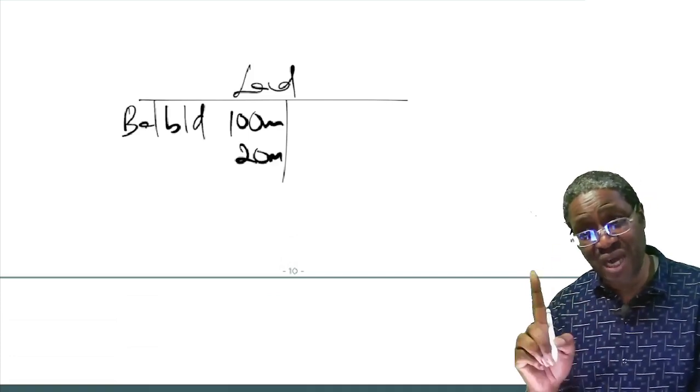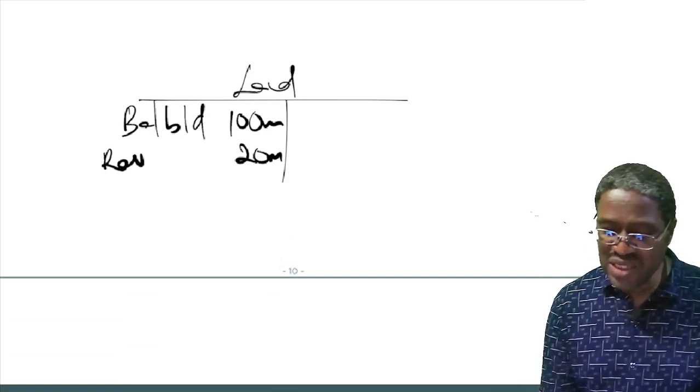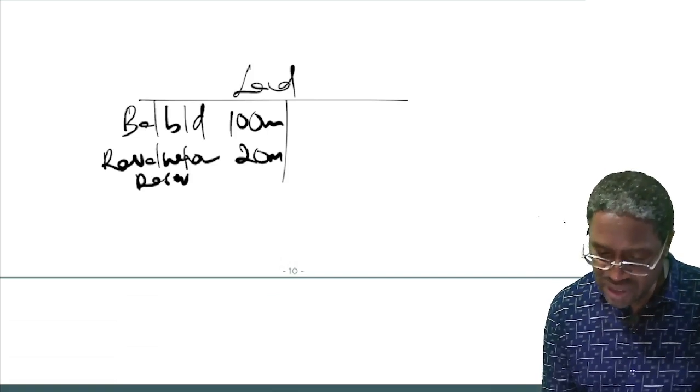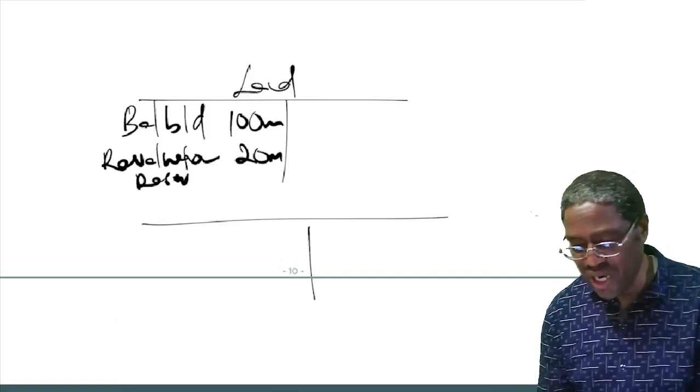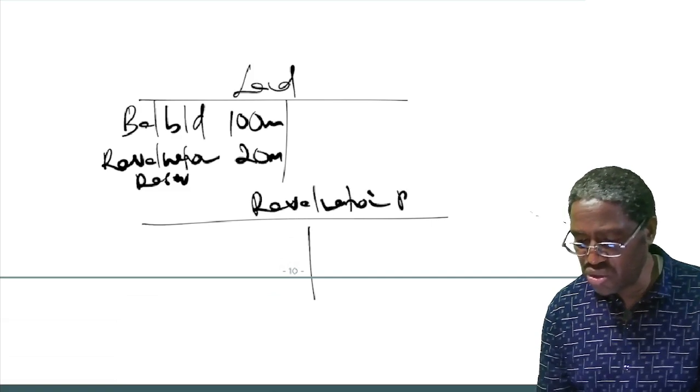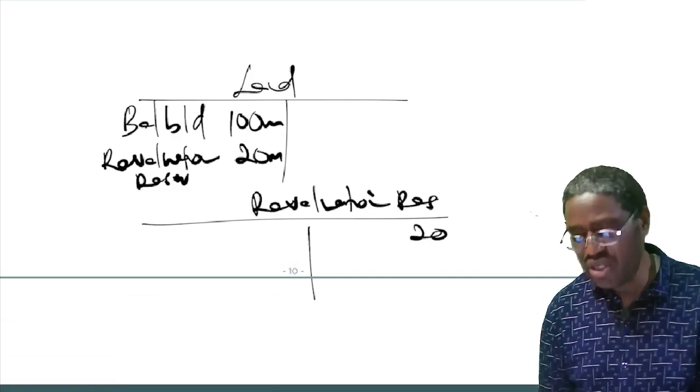You debited the asset by 20 million, and you credited an account we normally call revaluation reserve by 20 million.